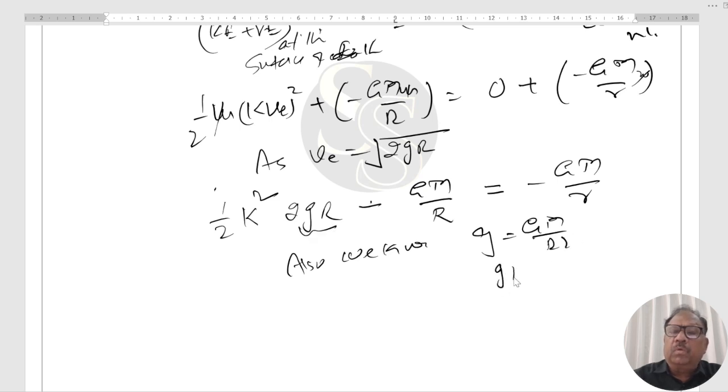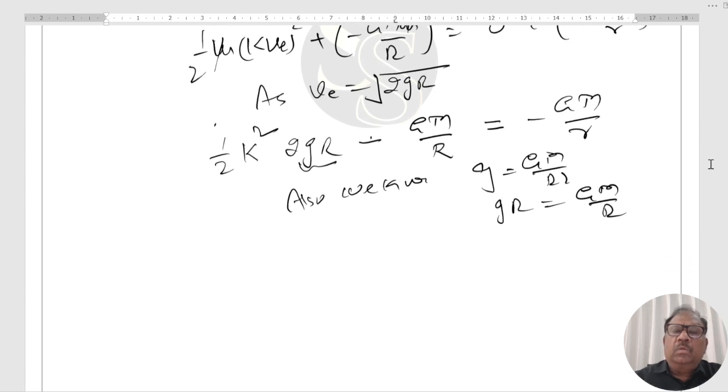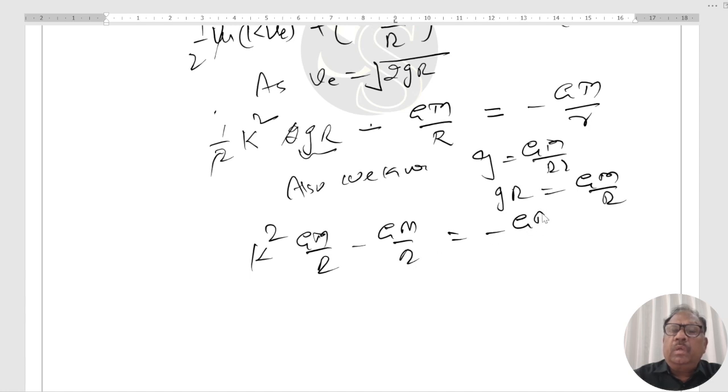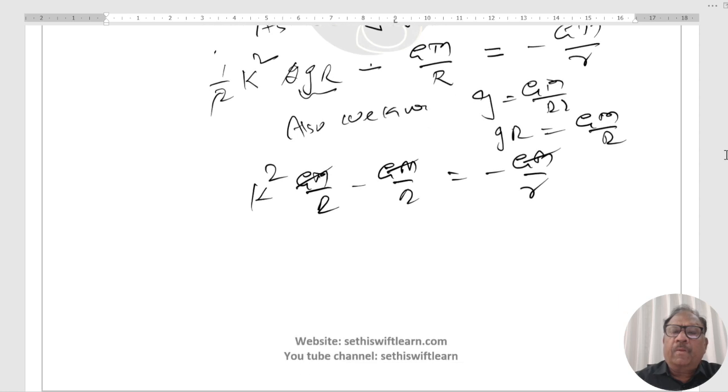So gR will be equal to GM by R. So this two goes, k square, then GM by R minus GM by R equal to minus GM by small r. This GM goes.